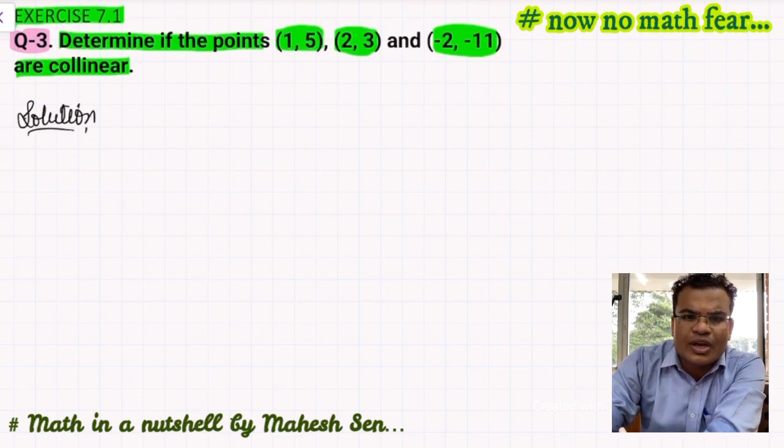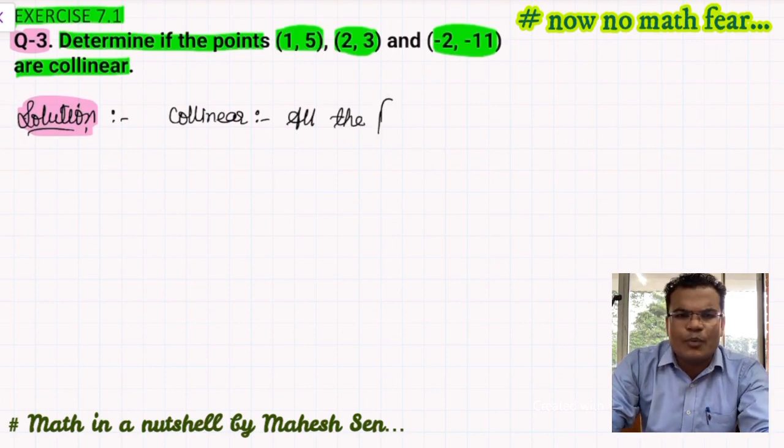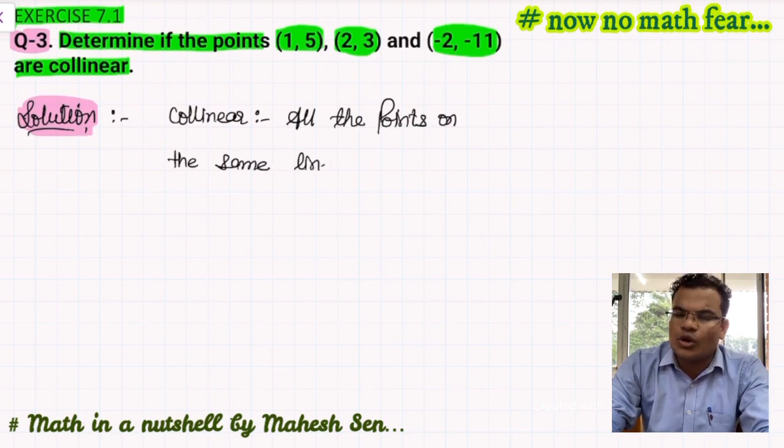First of all, I just want to inform you what collinear points are, or what the collinearity property is, and then we'll prove it and check whether these are collinear or not. Collinear means all the points on the same line are called collinear points.